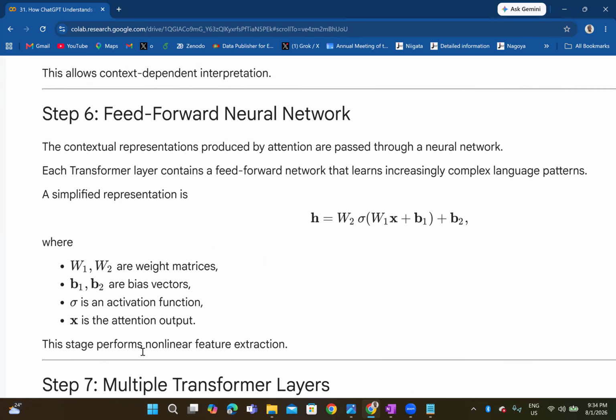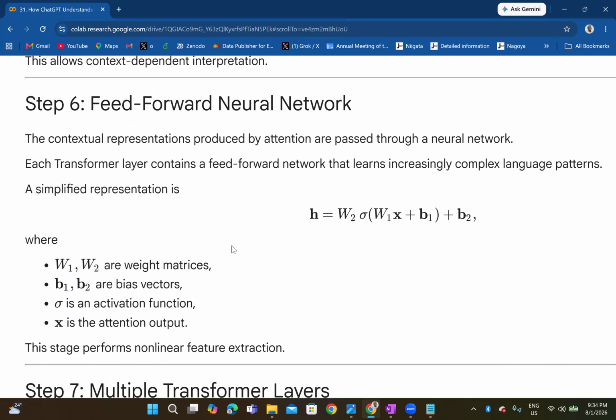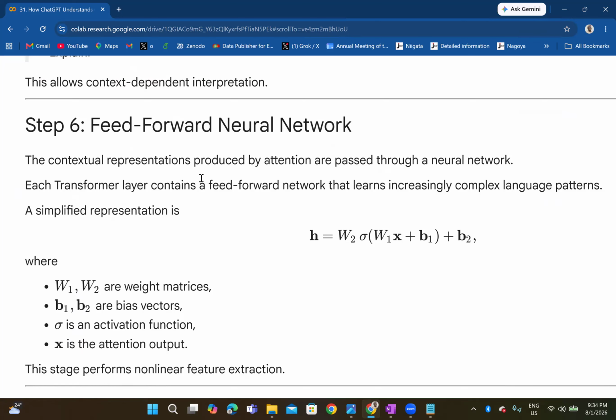And then we have the feed-forward neural network. The contextual representations produced by attention are passed through a neural network. Each transformer layer contains a feed-forward network that learns increasingly complex language patterns. A simplified representation is H equals W2 times sigma of W1 X plus B1, plus B2.